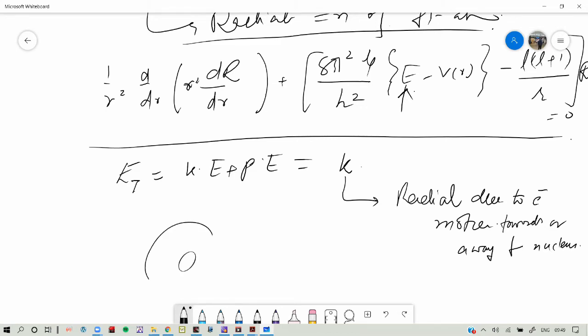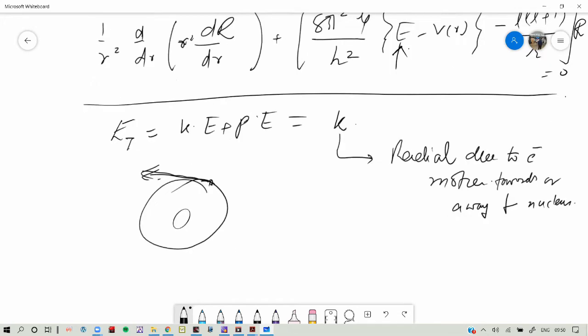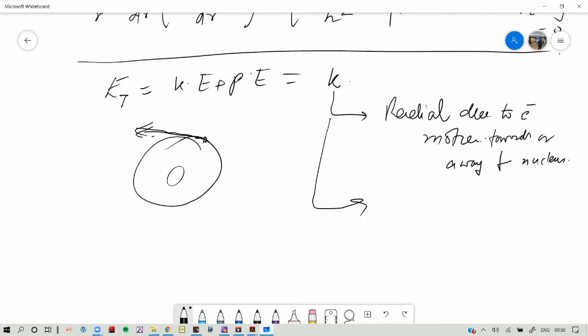This is the radial part, so towards or away from the nucleus. And another one is due to the orbital motion of the electron.